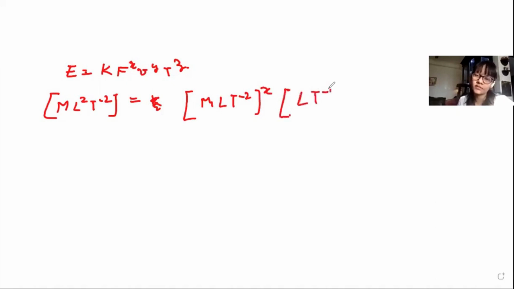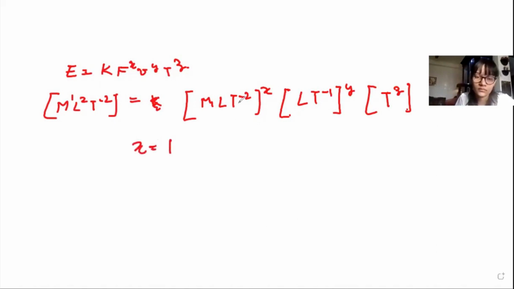L T to the power minus 1, raised to the power y. Now T to the power z. You have to equate the powers on the right hand side with the left hand side. The power of M is x on the right and 1 on the left, so x is equal to 1.